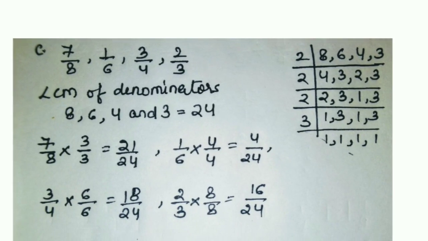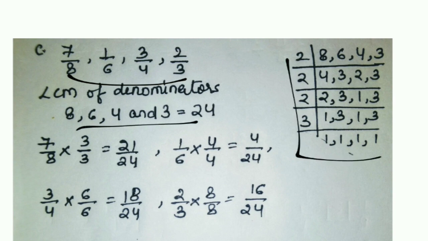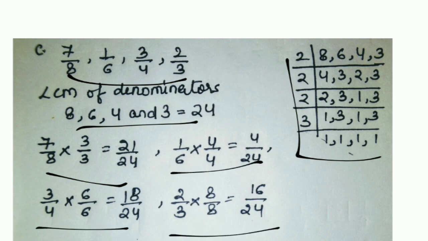In this one, denominator and numerator both are different. So here we will take the LCM of the denominators. LCM I have solved here. Then first number, second number, third number and fourth number. So we have to do the equivalent fractions first.